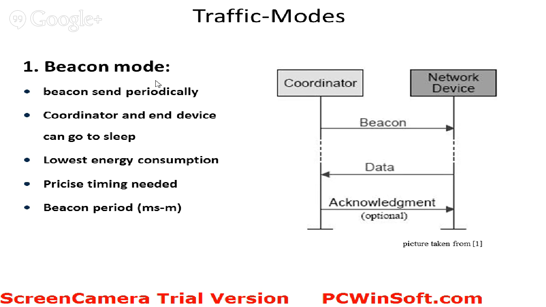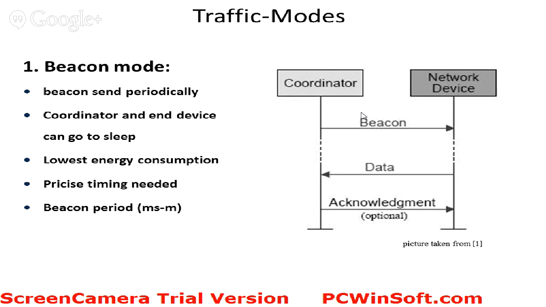Here a beacon is sent periodically by the coordinator, which is basically a wake-up call for all the network devices. In this case, synchronization is very important, because when the beacon is sent, at that time all the other end nodes should also have woken up to receive that particular beacon. Otherwise, there will be issues.